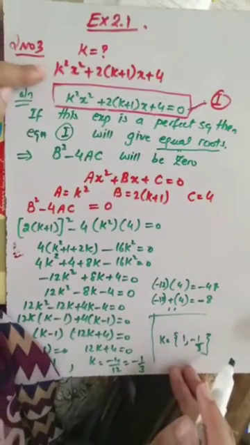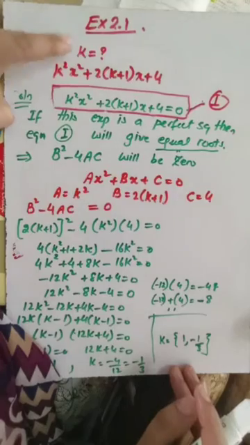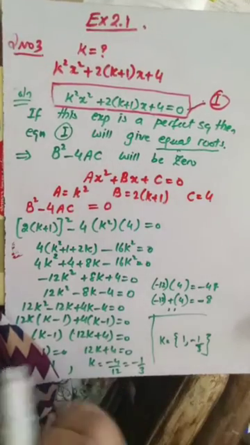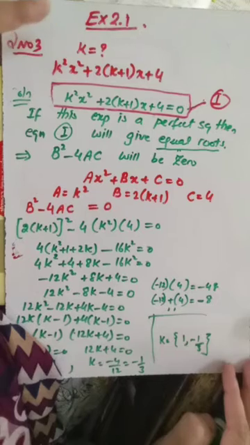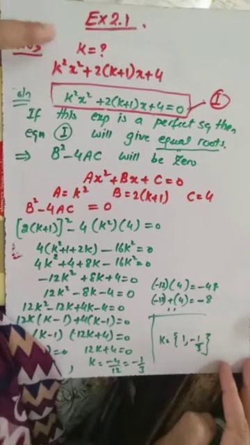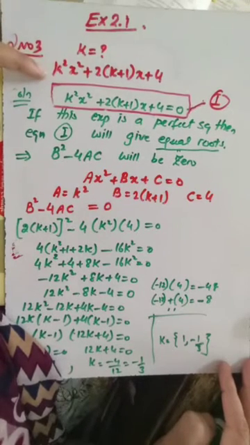You had the expression and they wanted you to find the value of k which makes it a perfect square. So first of all, let us suppose that this is a perfect square.